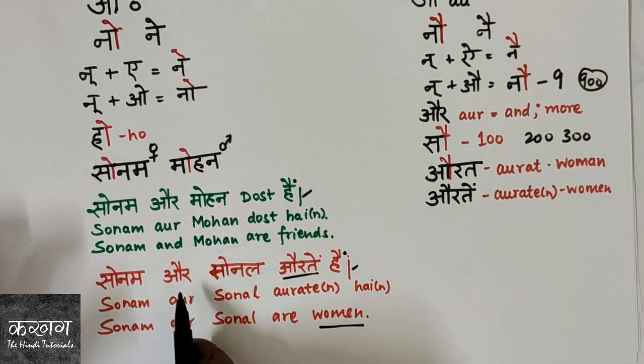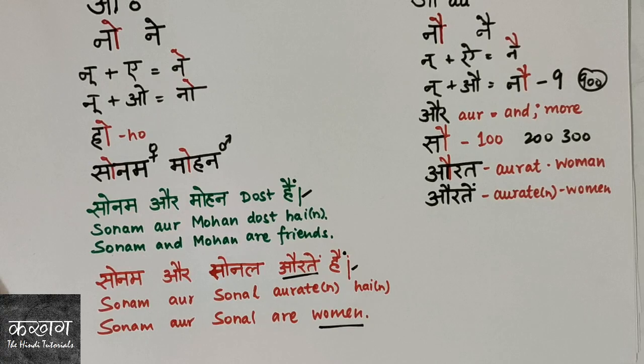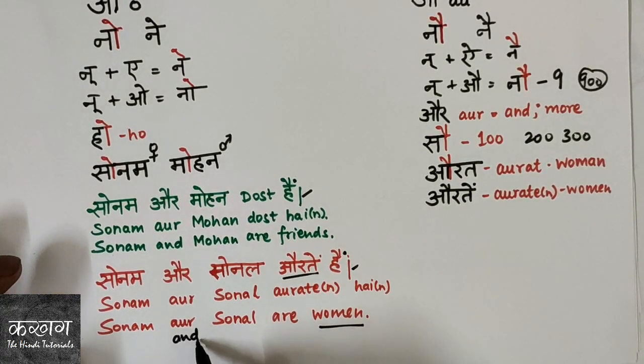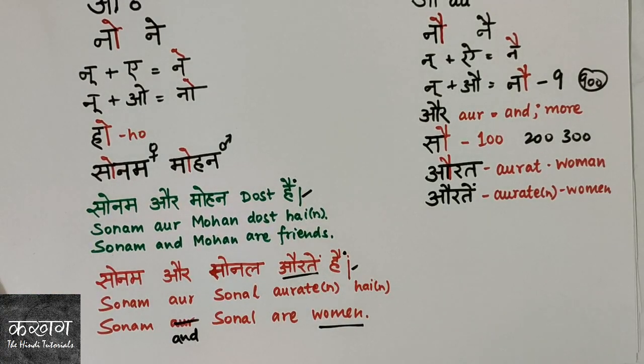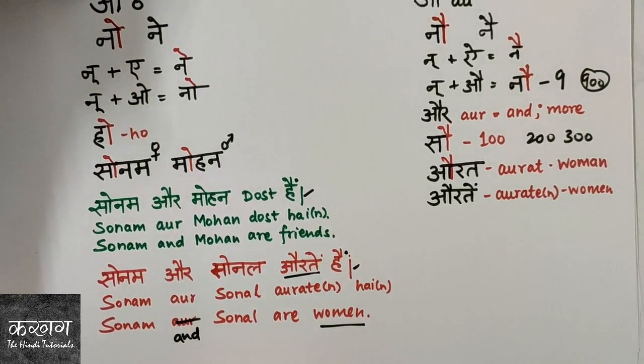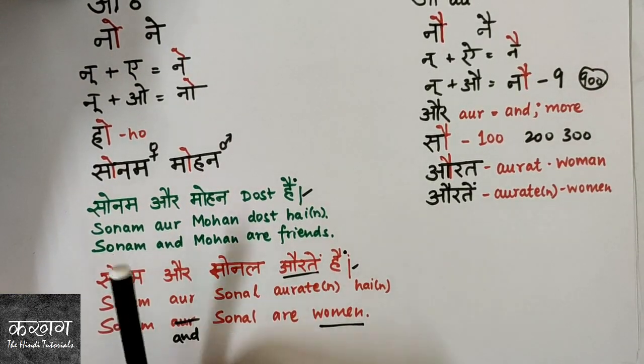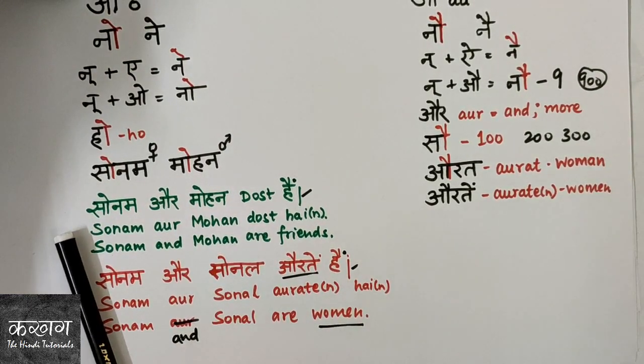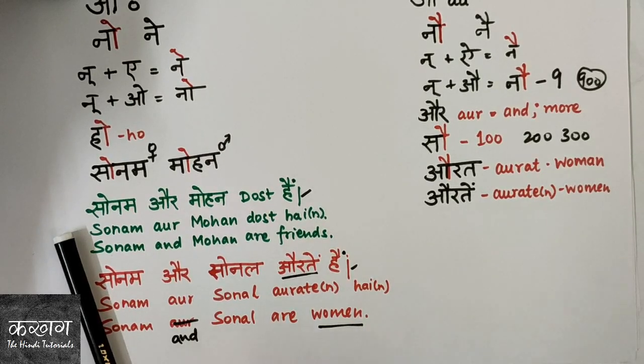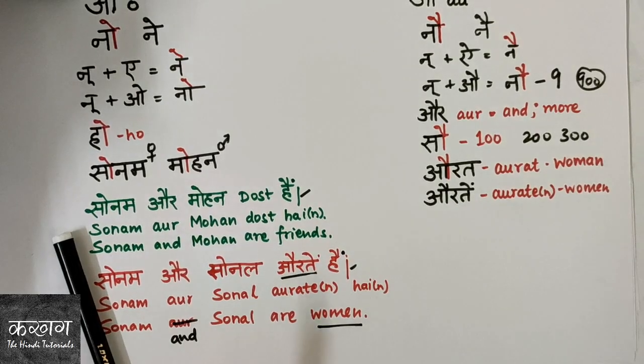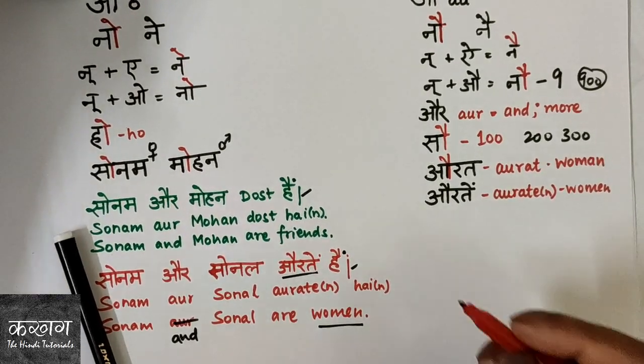Sonam and Sonal are women. There is one more word for women, which is mahila. Aurat is an Urdu word and mahila is a Hindi word, although we use the word aurat more commonly.